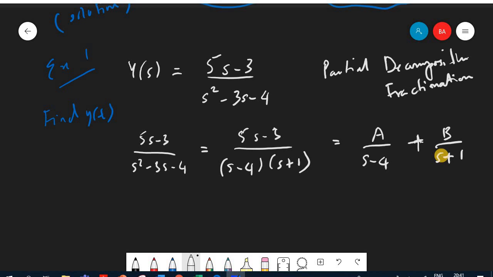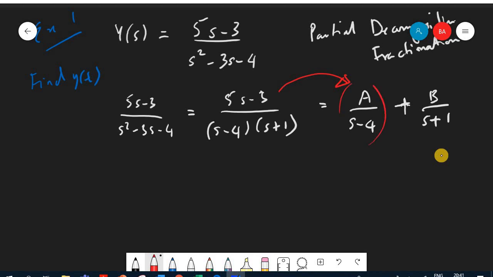We are trying to decompose this function into these two fractions. And in doing this, if you look at it, can we transfer this to the time domain?